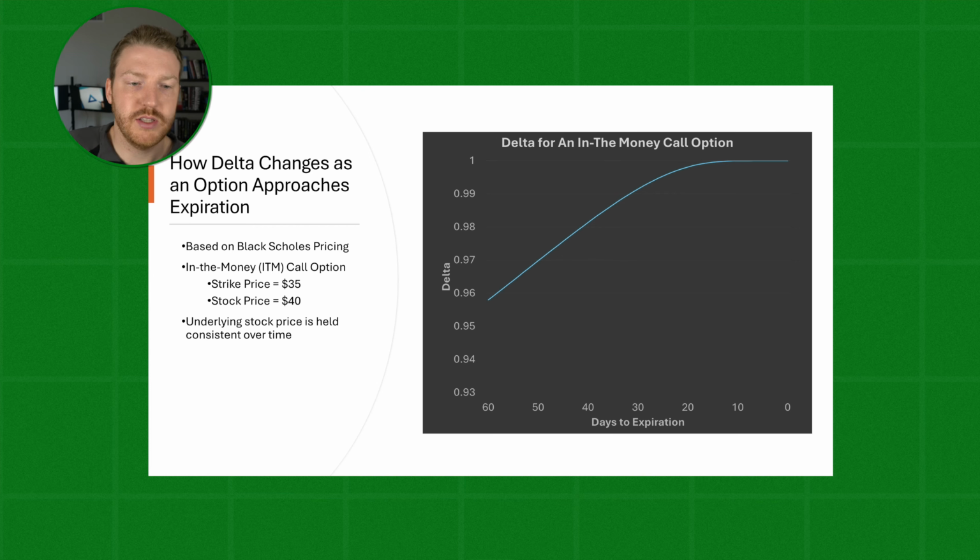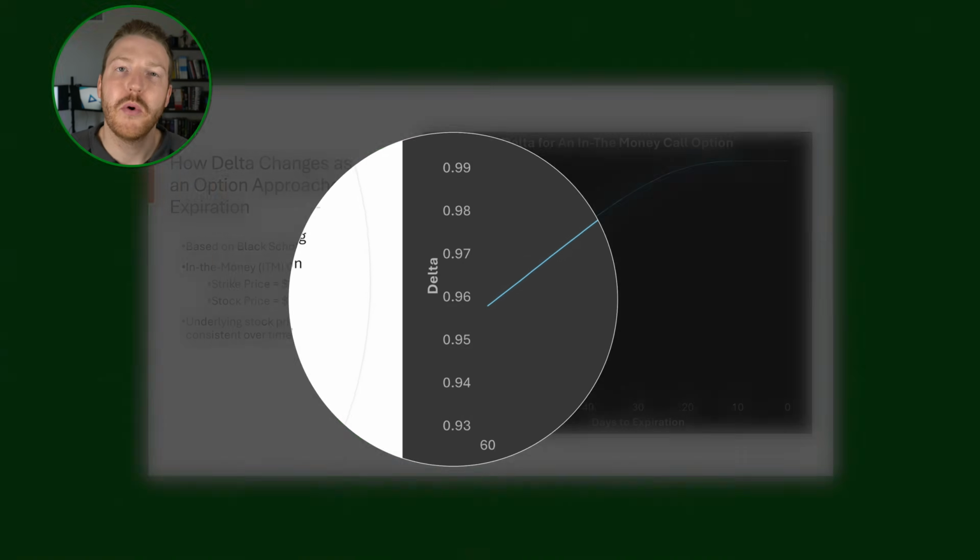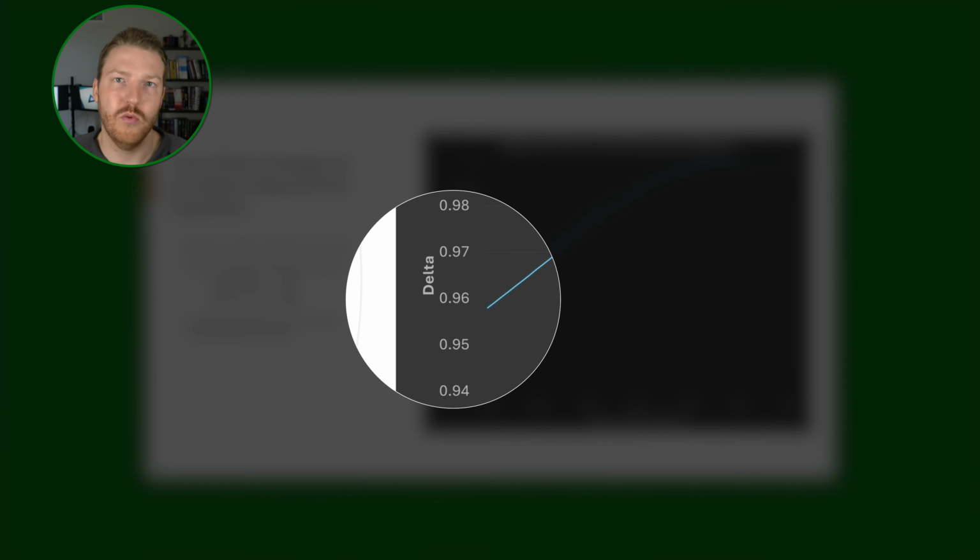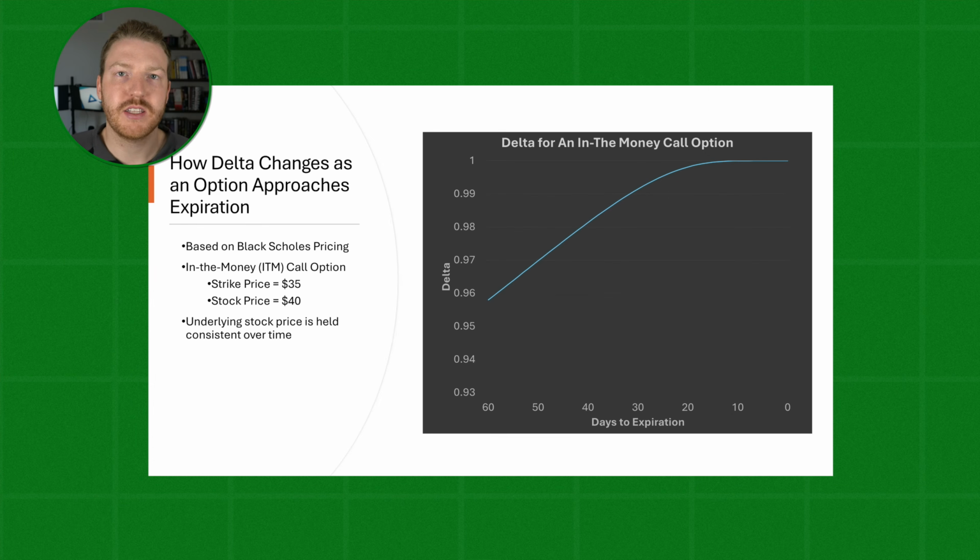So what this shows is that at 60 days to expiration, this call option is going to have a delta of about 0.96, which means that there's roughly a 96% probability that this option expires in the money. It also means that if the underlying stock price goes up $1, our option's price should go up by about 96 cents.